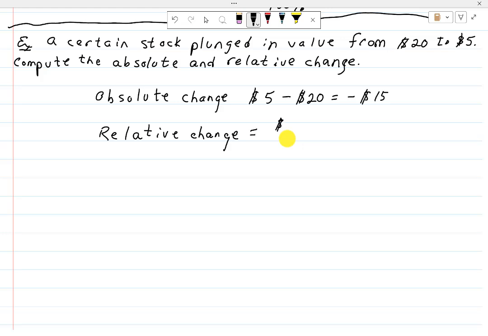So the new value is $5 minus the old value divided by the old value times 100%. I think you'll find that this turns out to be negative 75%. And the negative is used to indicate that the stock value decreased as time went on.